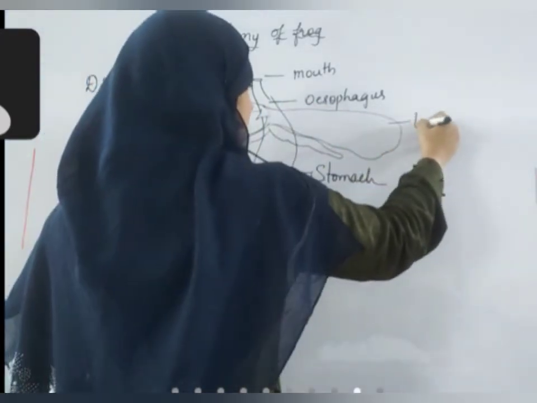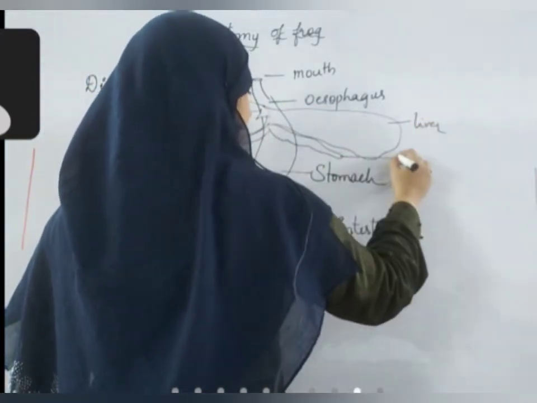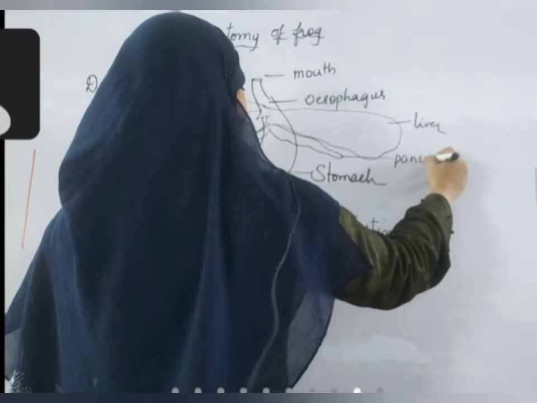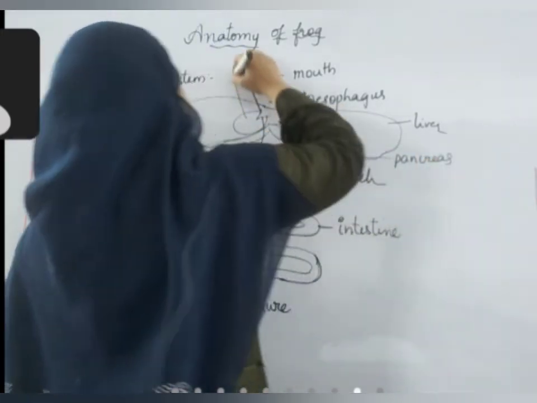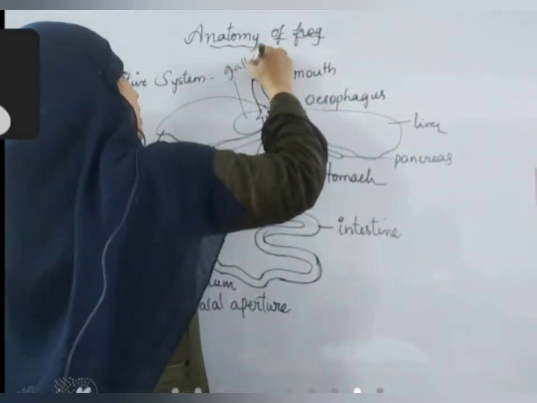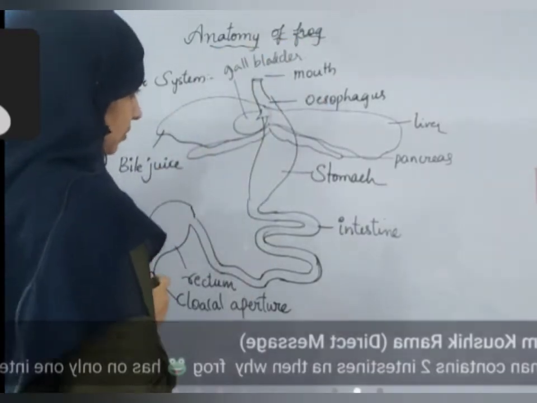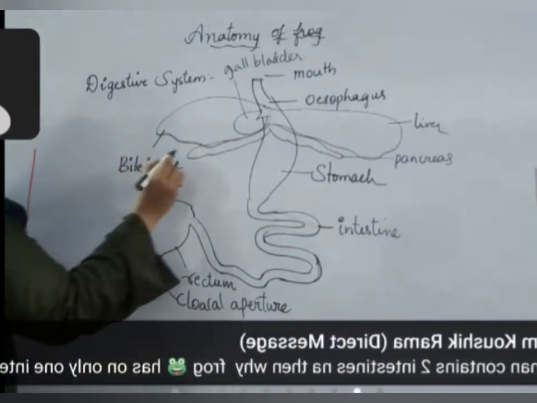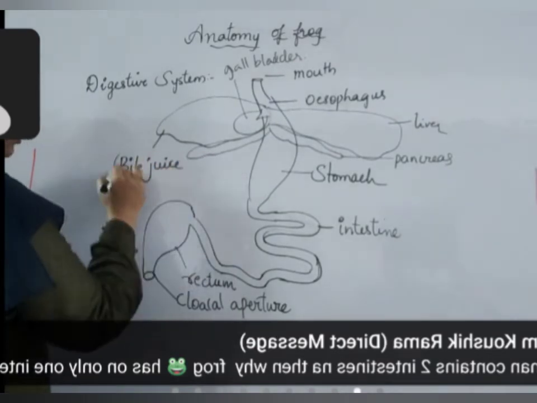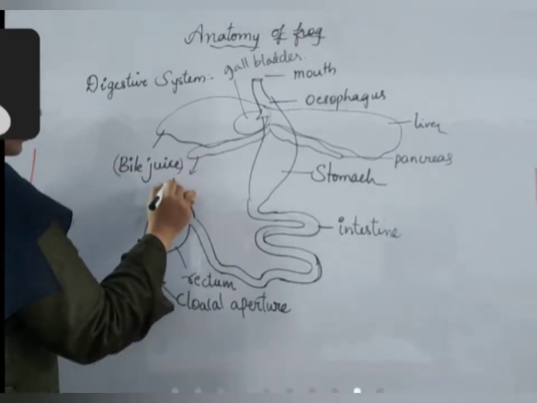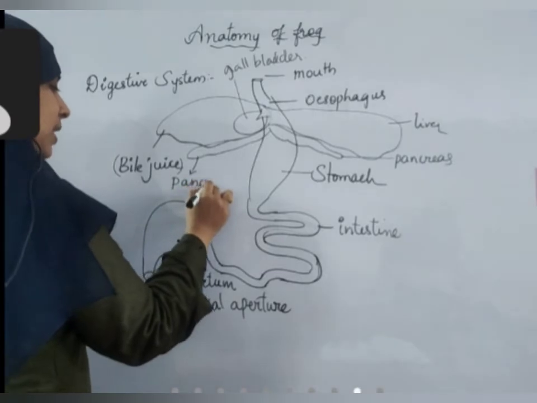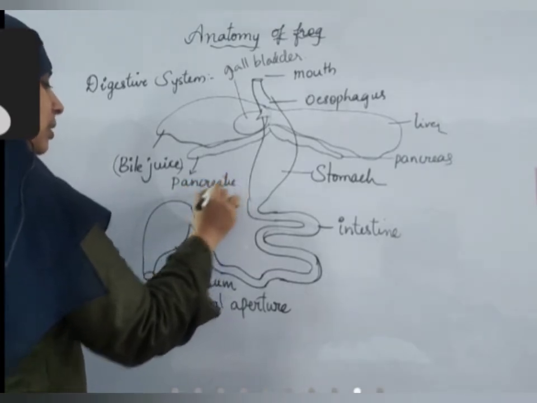This is liver, pancreas, this is gallbladder. Liver produces bile juice and pancreas produces pancreatic juice.